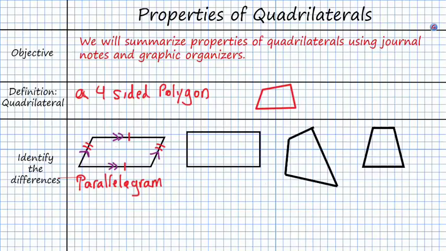And some of the features of a parallelogram are that they have two pairs of parallel lines, and also that the pairs are congruent, so it has pairs of congruent sides.